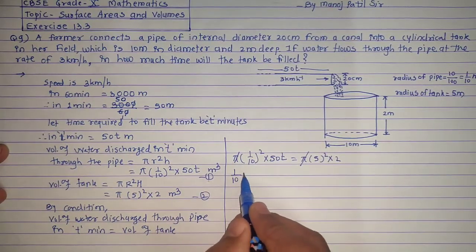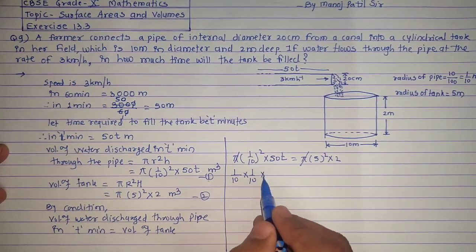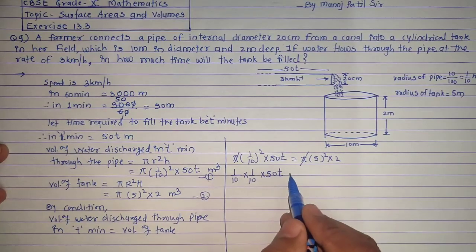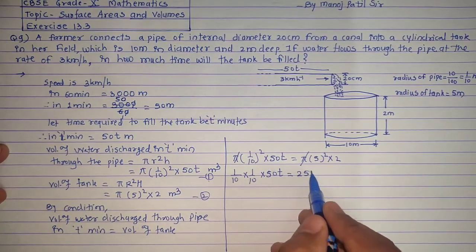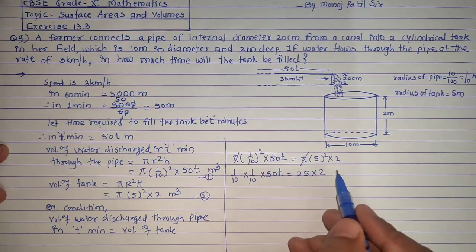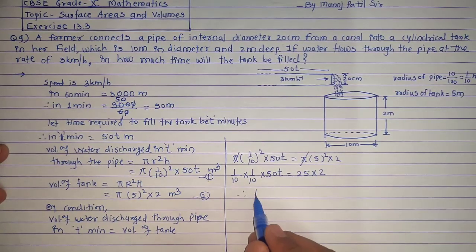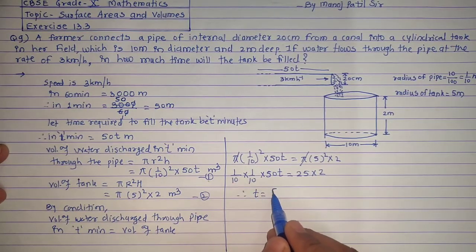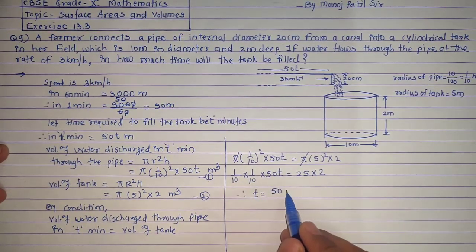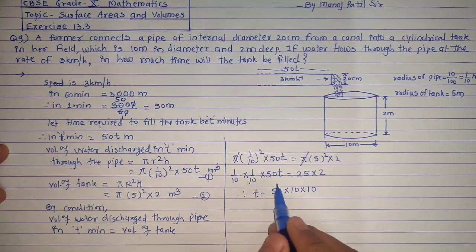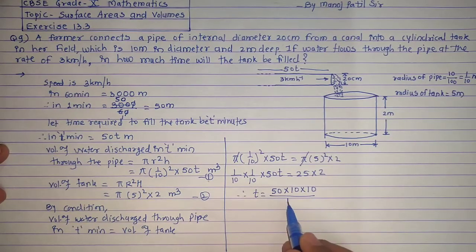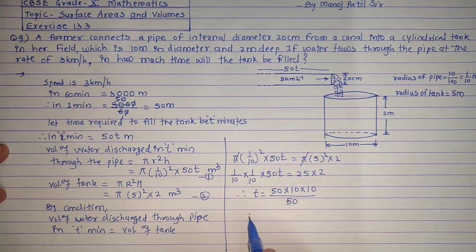This is 1 upon 10 multiplied by 1 upon 10 into 50 t, is equal to 25 multiplied by 2, that is 50. So therefore we can write t is equal to, this 10 multiplied by 10 transposition, this will be multiplied and divided by 50, right? So therefore t we get is equal to 100 minutes, right?